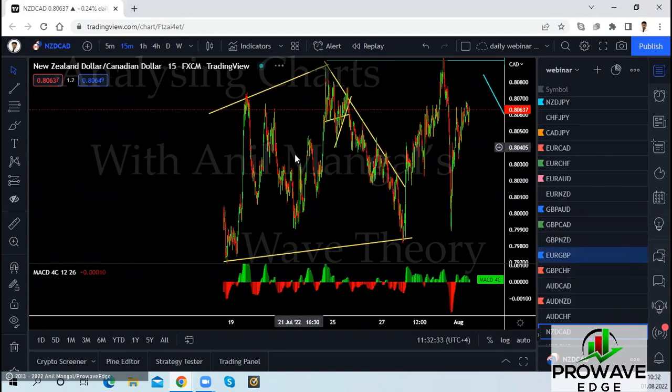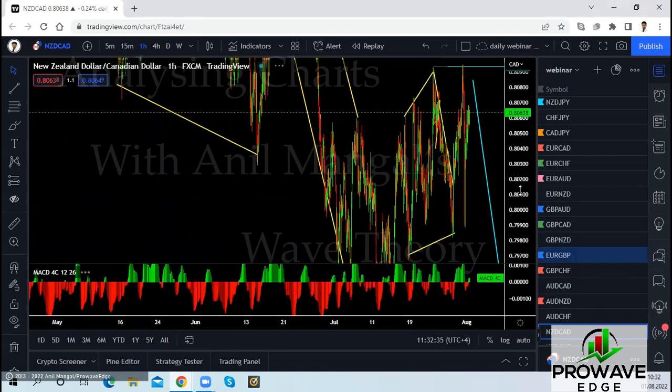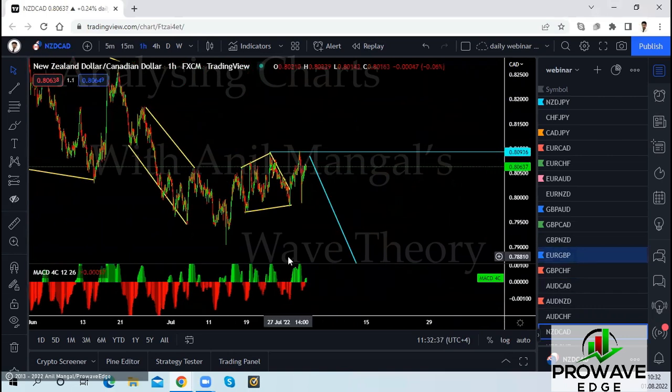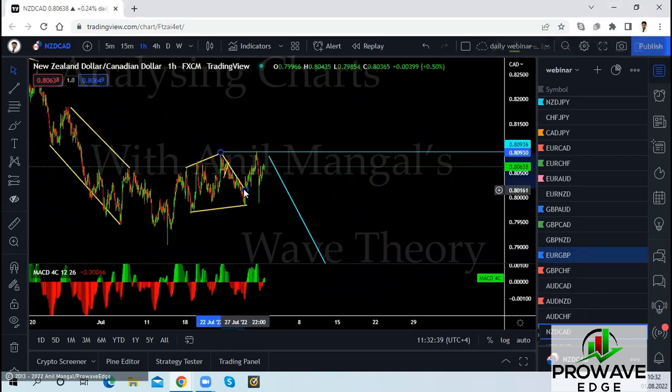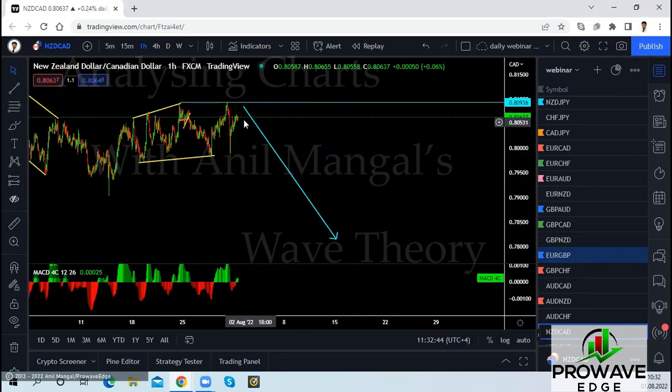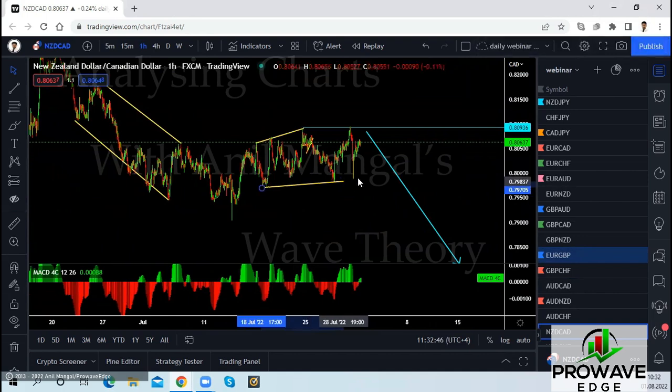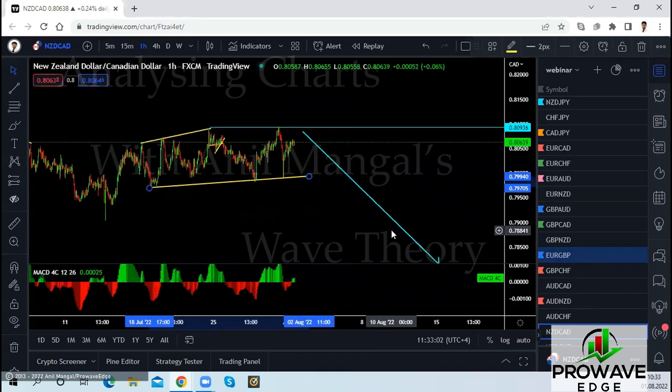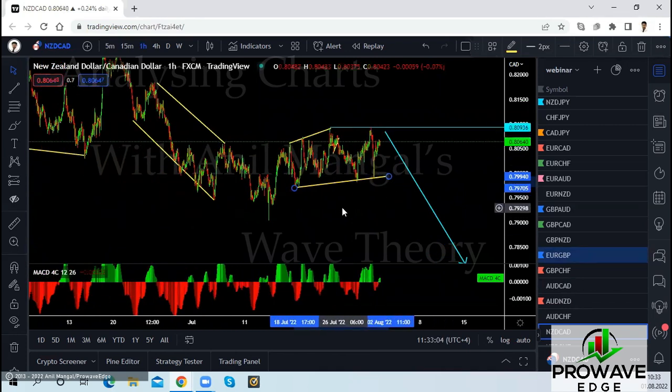New Zealand cat. Okay, so what's the big picture here? Still upside? We did break that top, but it seems like they're still in the consolidation. So 1, 2, 3, 1, 2, 3. Or this could be a separate, bigger flat of its own.